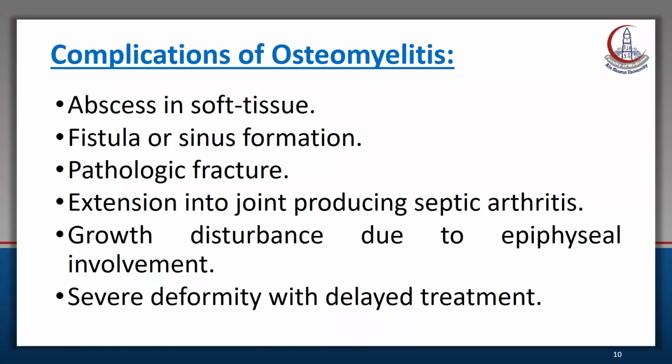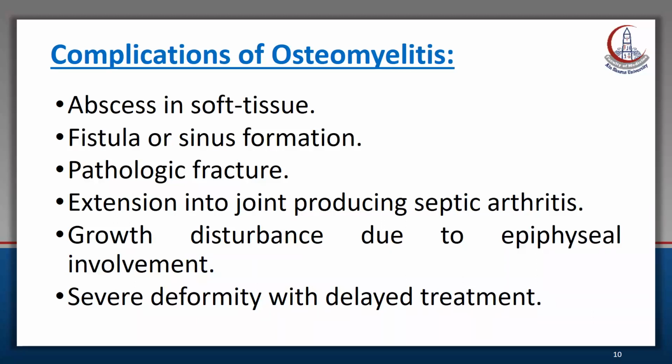Osteomyelitis is a severe condition. Unfortunately, it may be complicated by major complications like an abscess in soft tissue, and fistula or sinus formation draining pus. Because of the sequestrum, which is a dead or avascular part, a pathological fracture can occur.